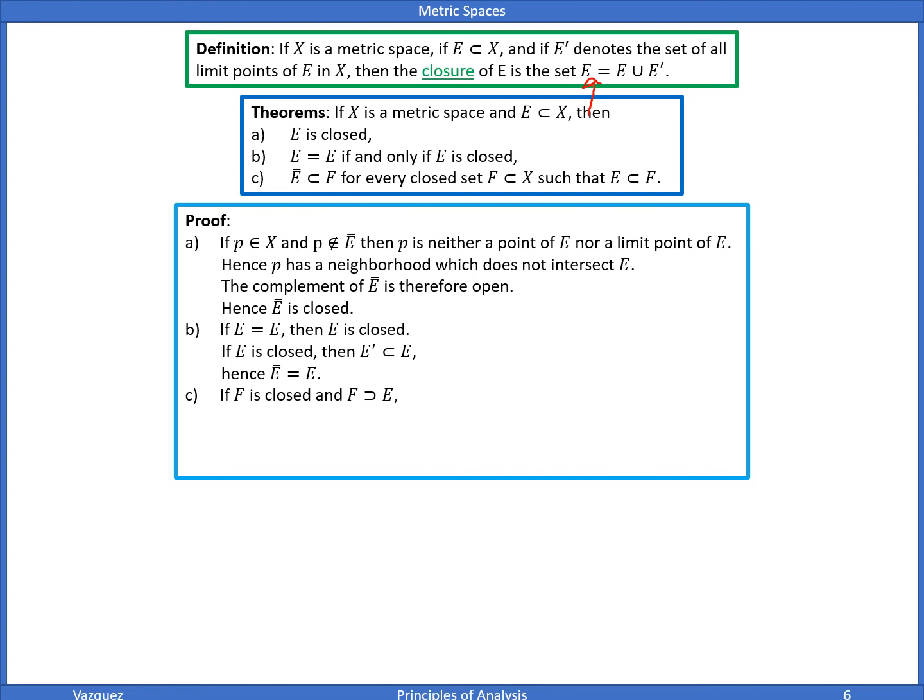If F is closed and E is contained in F, well then F contains all its limit points. Therefore, all the limit points of E are also contained in F. Therefore, the closure of E is also in F.